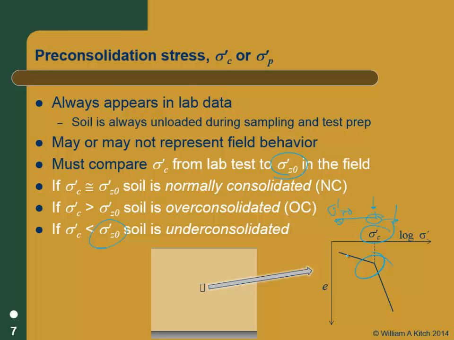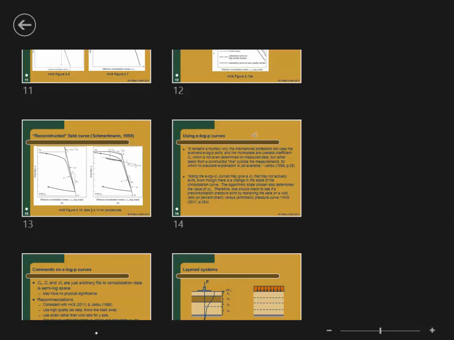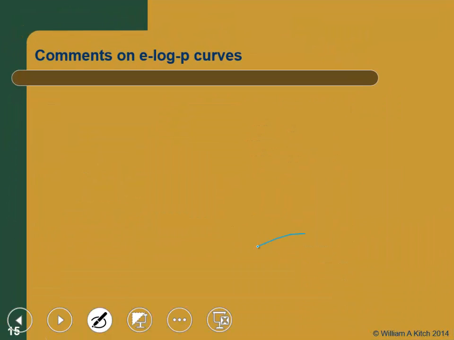We've looked at it. If your data are plotting along this line and you have a good sample and they're plotting along that line, fine, use it. But if you're deriving this thing from a curve that looked like this, I'm not sure that's what you want to be doing. So don't confuse mathematics with the way soil really behaves. So here's my comments on E log P methods.